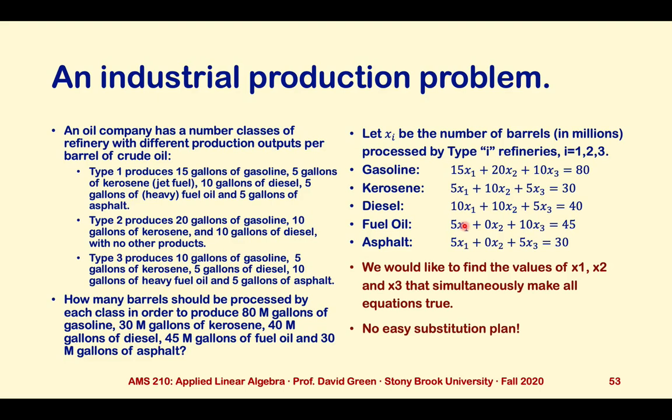Now is the time to think about what we are trying to find. What we would really like to find are values of x1, x2, and x3. That is the number of barrels processed by each refinery that simultaneously satisfy each equation.